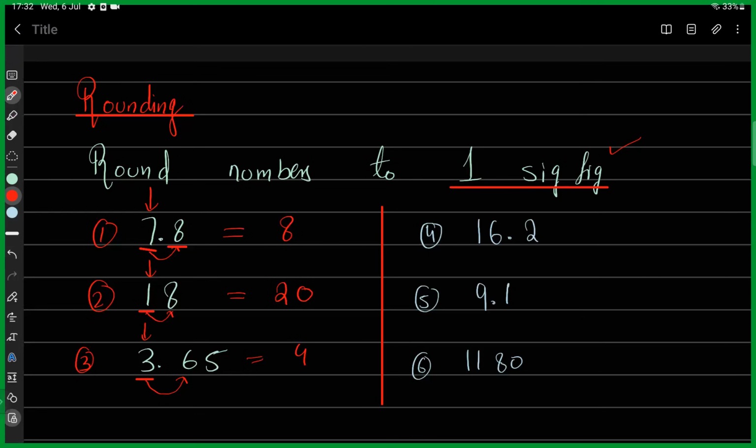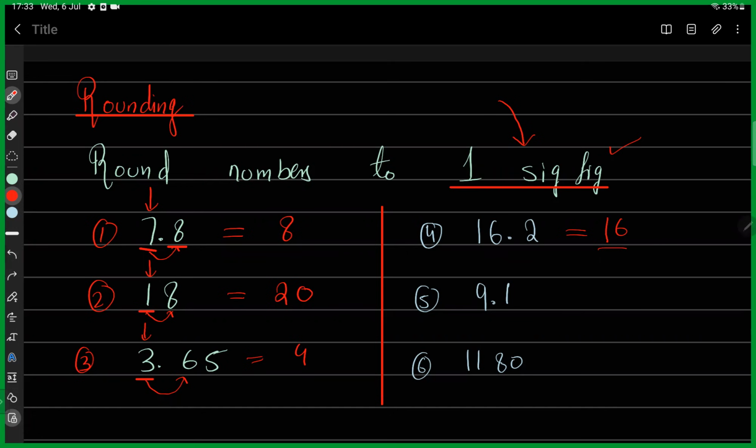But if the examiner is clearly mentioning that they want you to give the answer up to one significant figure, then if you say that 16 would be the rounded off number, 16 has two significant figures. So 16 is not the right thing. Yes, if you round this off, this would give you 16. I agree. But if you have been asked to round it off to one significant figure, then what about that?